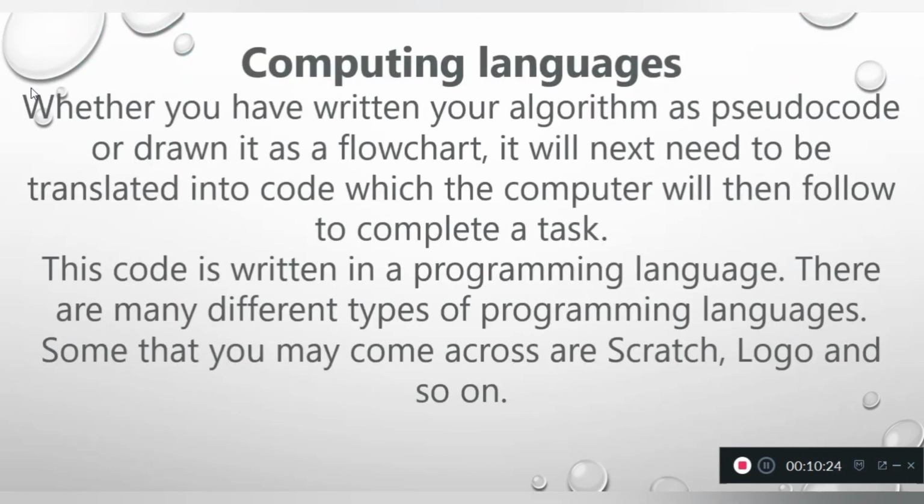Now computing languages. Whether you have written your algorithm as pseudocode or drawn it as a flowchart, it will next need to be translated into code, which the computer will then follow to complete a task.